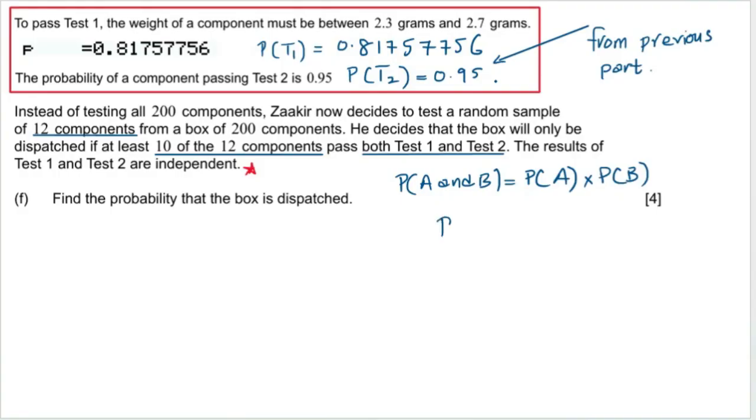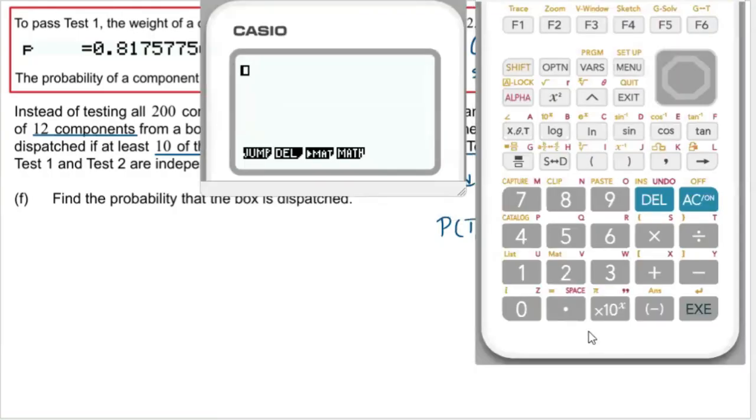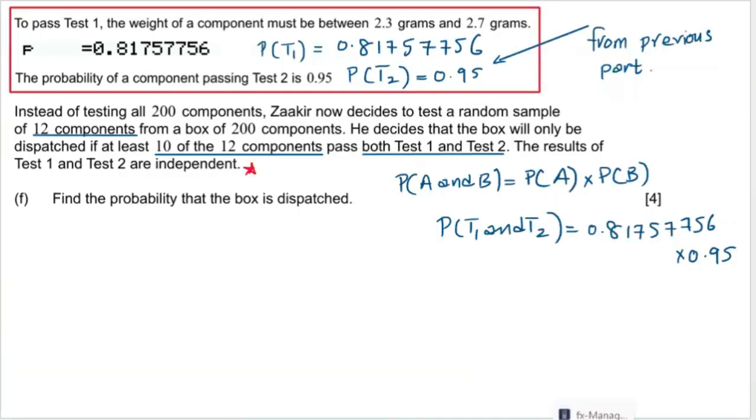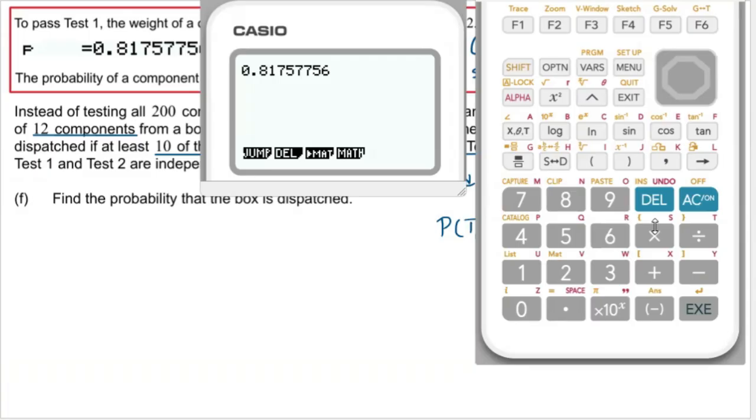So if test 1 and test 2 are independent, it means the probability of passing both tests is just the product of their probabilities: 0.81757756 times 0.95. I'm trying to get the success of this scenario, and I don't want to miss any value.